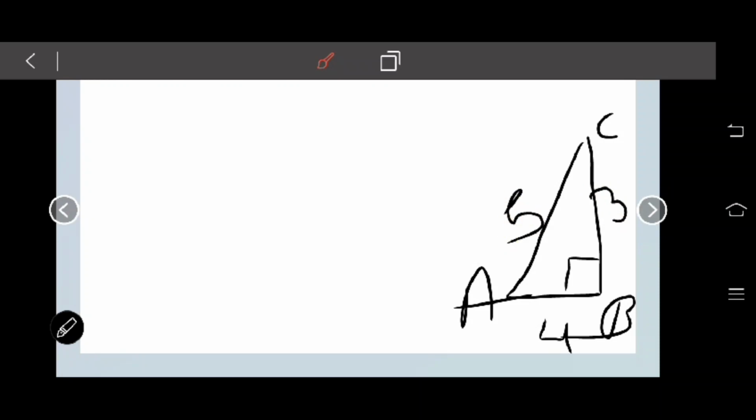This is a question which I already framed. So find the following.